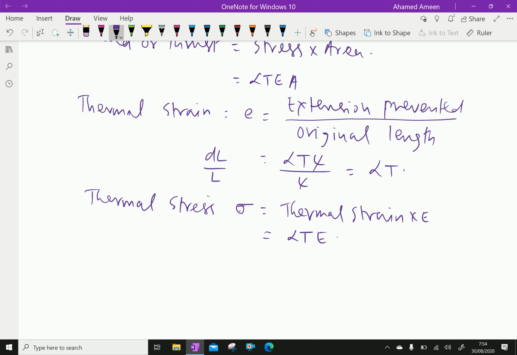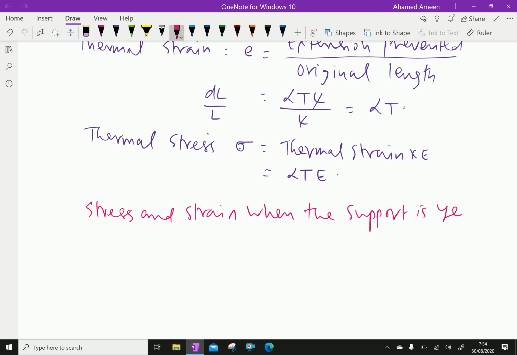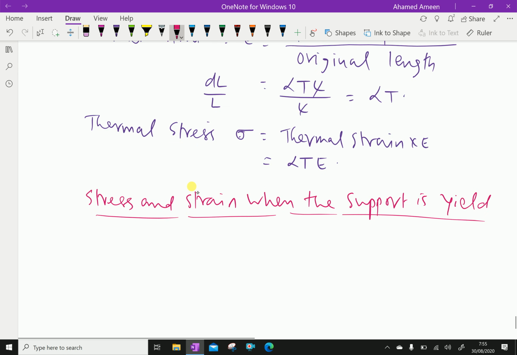Now, note the point here: stress and strain when the support yields.